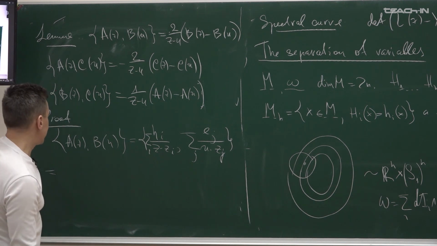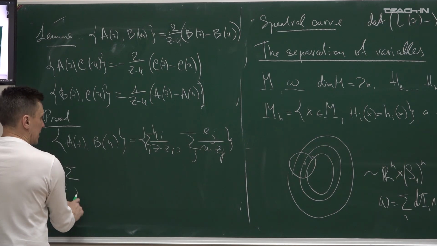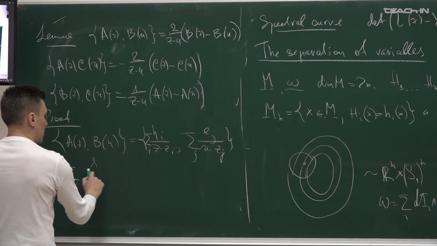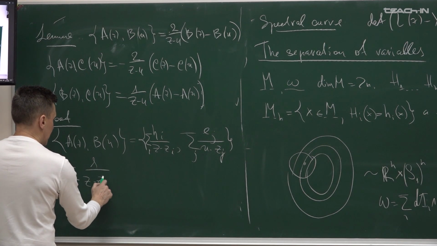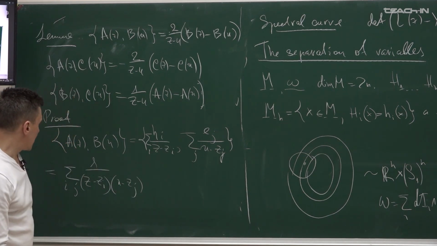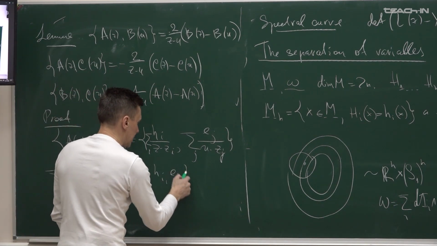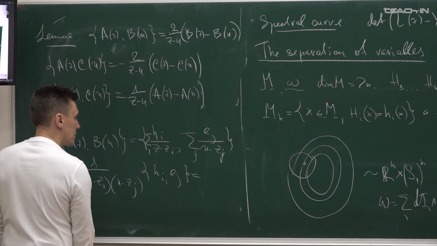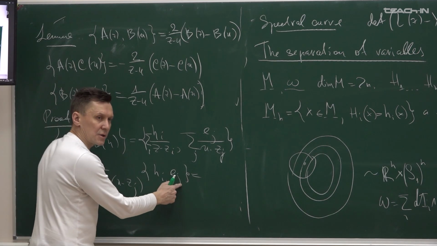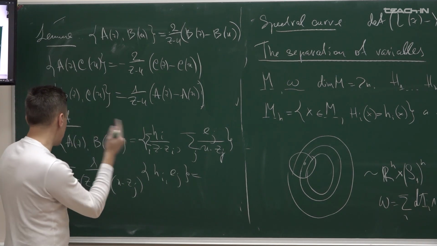And this is the sum over i and j of 1 over (z minus z_i)(u minus z_j), times the bracket of h_i and e_j, which is a delta function of i and j multiplied by 2 e_i.